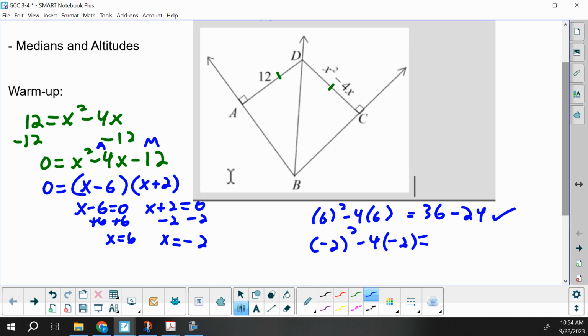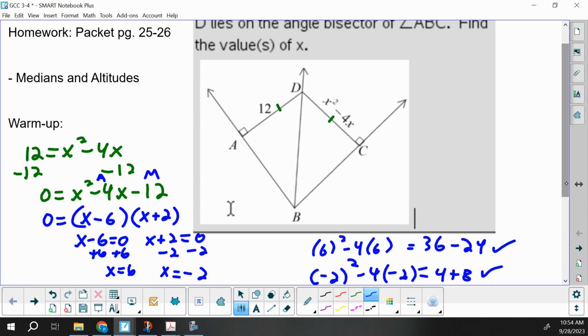That becomes super important if you're subbing in a negative and you're doing it in the calculator. We need that negative to be squared as well. So this would end up giving us 4 plus 8, which is also 12, so that checks out. So we end up having two answers, and notice we just want to find the values of x, so they both end up working out.